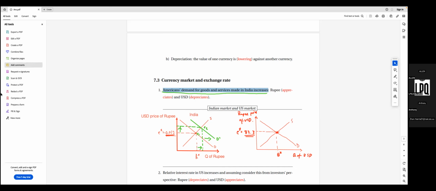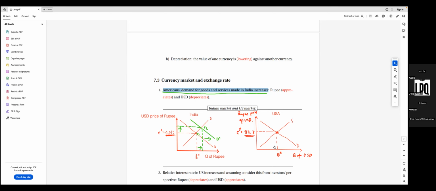But on the right-hand side is the USA. Now imagine we are Americans. We want to buy more things made in India, a foreign country. So this time we should supply more USD. We want to convert our home currency into Indian rupee.